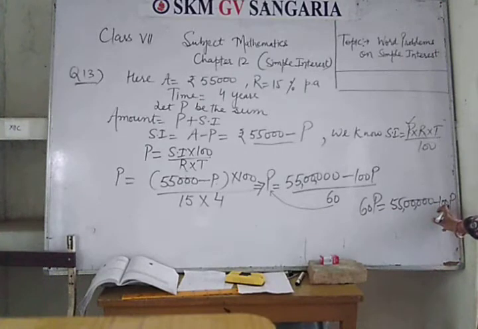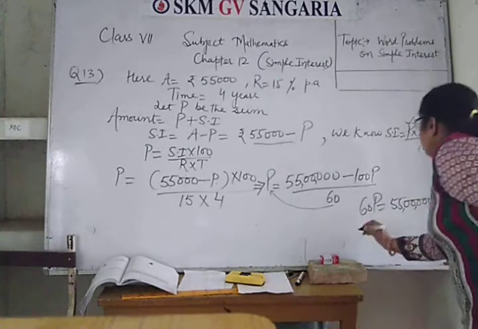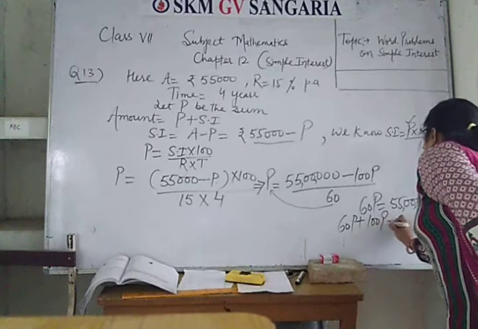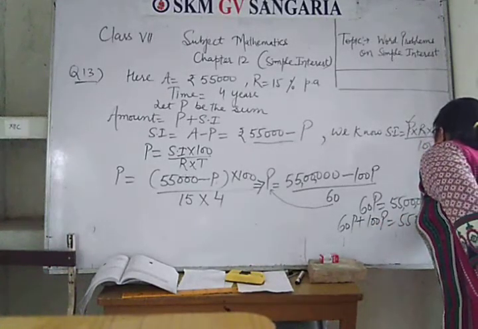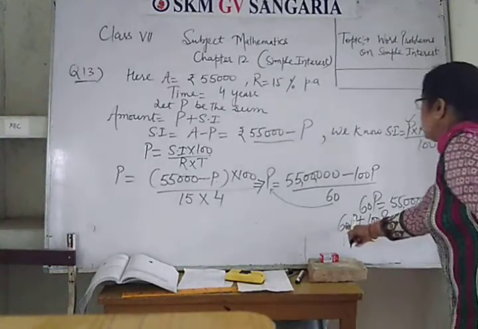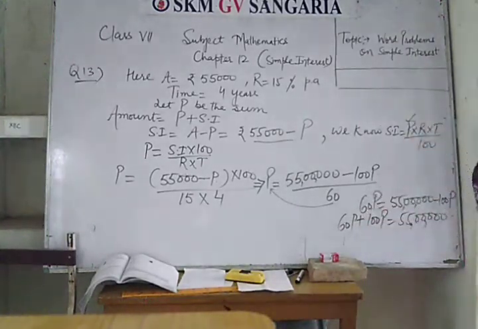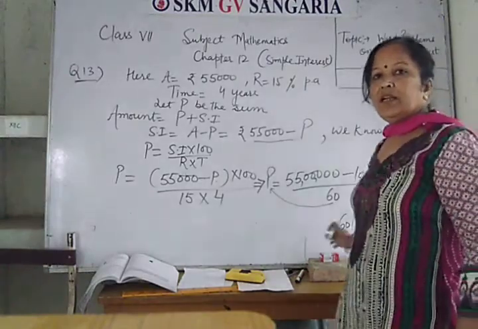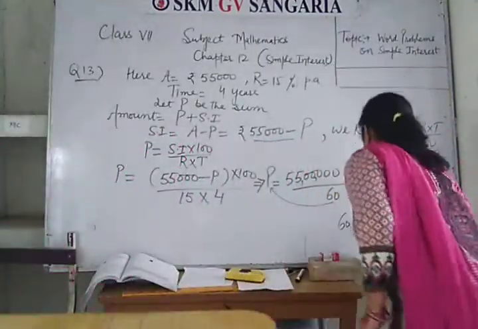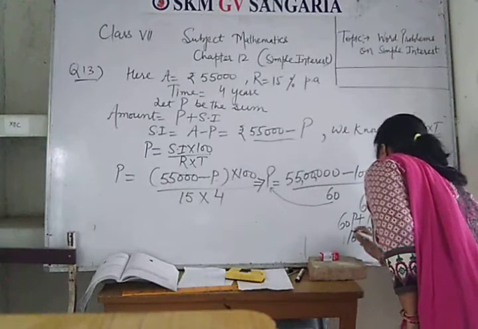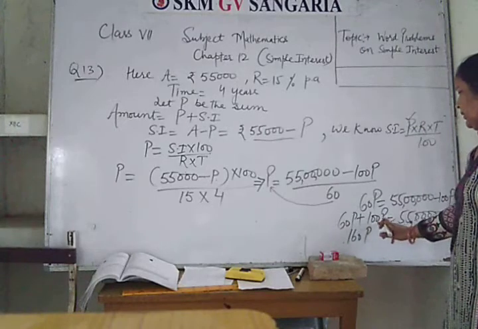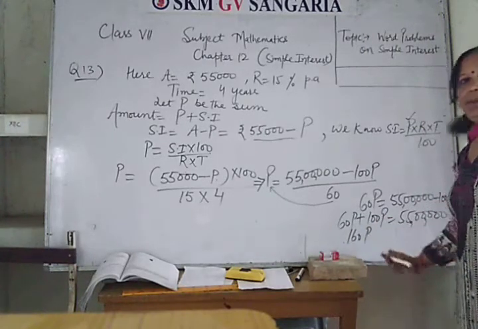60P, and this minus 100P will be transposed to this side. 60P plus 100P is equal to 55 lakh. Now 60 plus 100 is 160P. Here 60P plus 100P is equal to 160P.